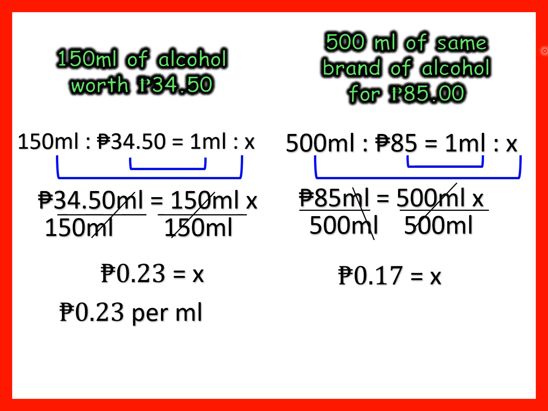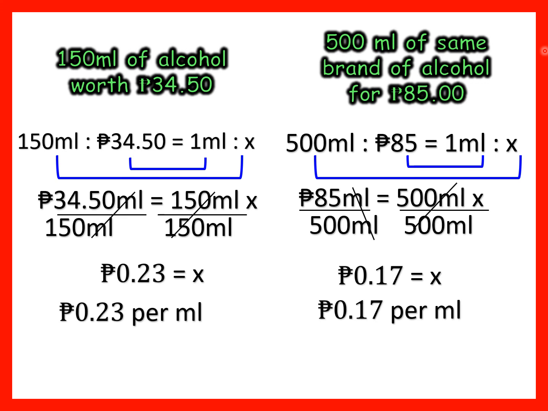So the remaining term will be x, and 85 divided by 500 is 0.17. So that's the value of x, and for every ml the cost is 0.17. Now we can compare which one is better and cheaper.